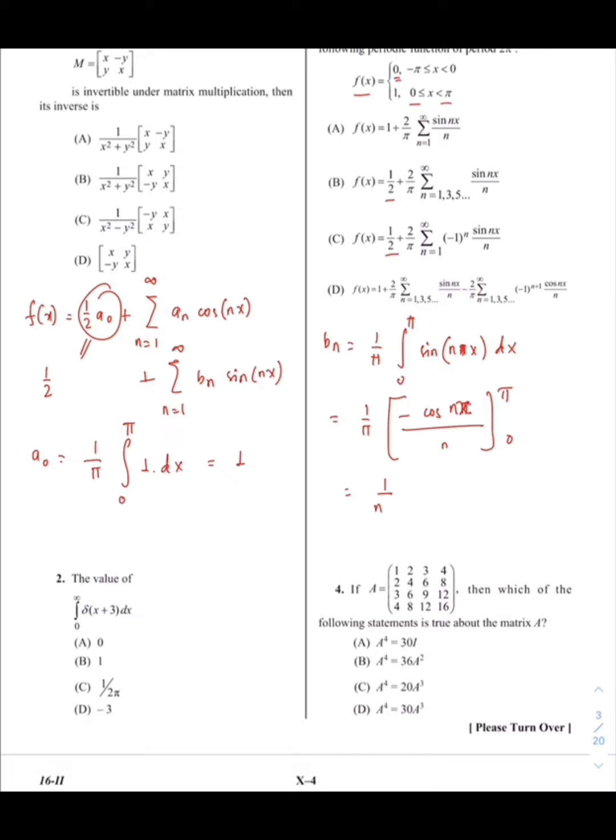So let's find this out. So this would be 1 minus minus 1 to the power n. So when n is even, that is n is 0, 2, 4, minus 1 to the power n is equal to 1. So this term vanishes. So the odd terms will survive only. So option B is the correct answer.